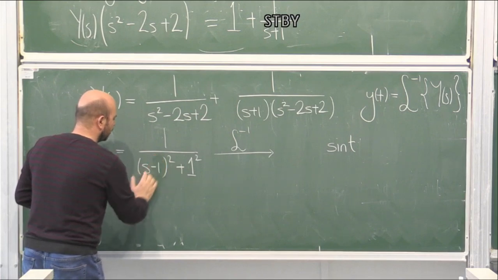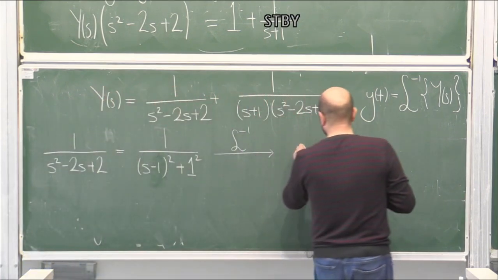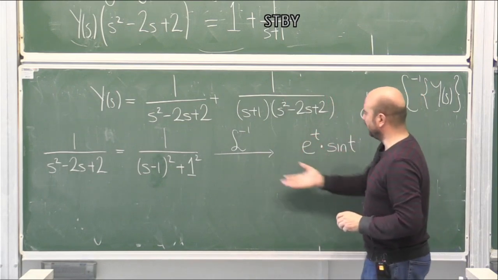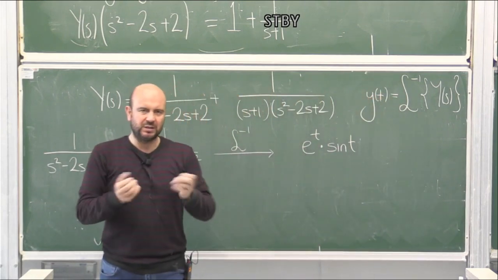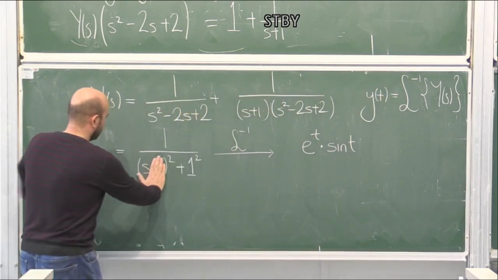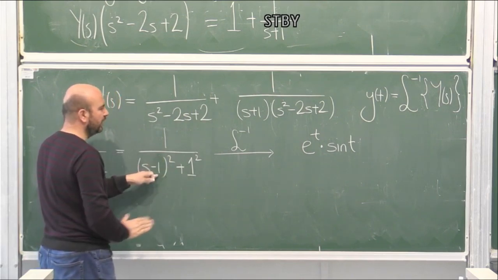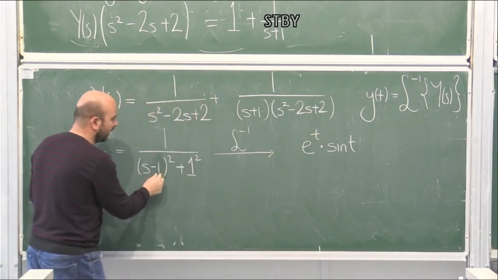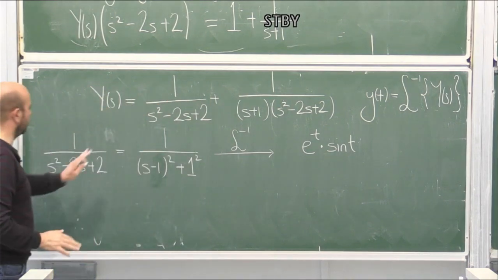But because of this 1, there's a shifting, which means that I have to multiply this with e to the t. So how do I find it? Again, forget about the shifting, erase all the shiftings, and look at the simple form. It is sine t. But there's a shifting. How do you arrange in the time domain? You have to multiply with the right exponential. Here shifting is one amount, so it is e to the 1t. Okay, so this part is done.